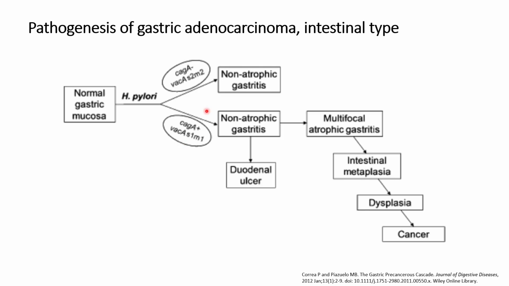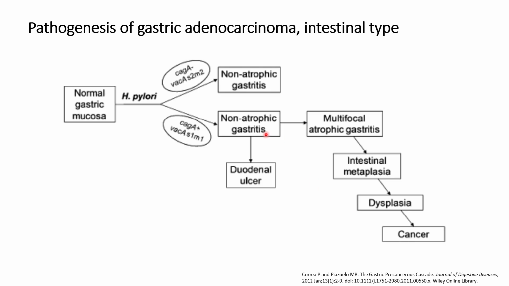Upon infection with this strain of H. pylori, the person develops chronic gastritis, and this can progress into multifocal atrophic gastritis, which can lead to intestinal metaplasia, and then dysplasia, and then carcinoma.